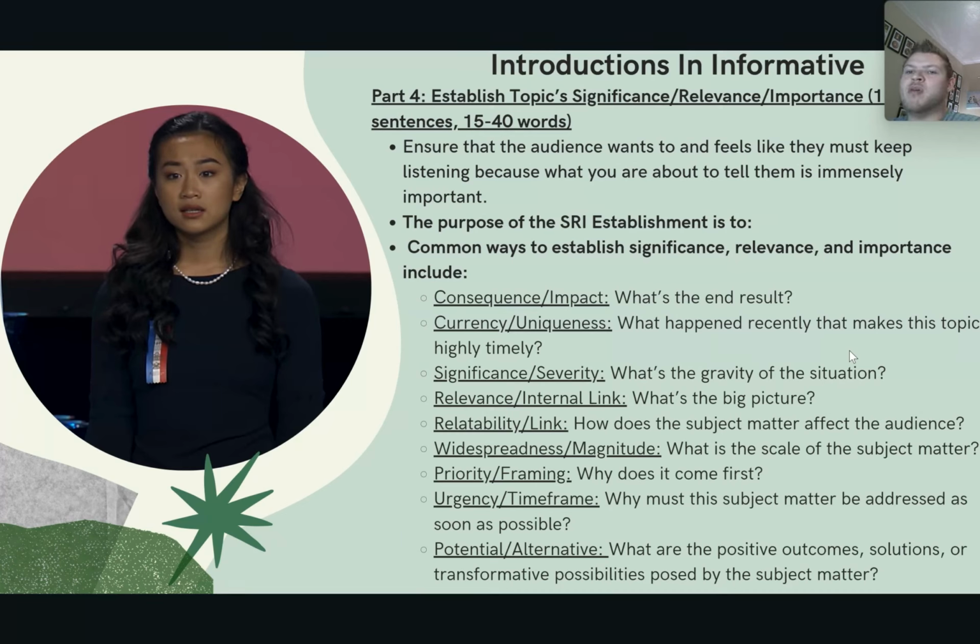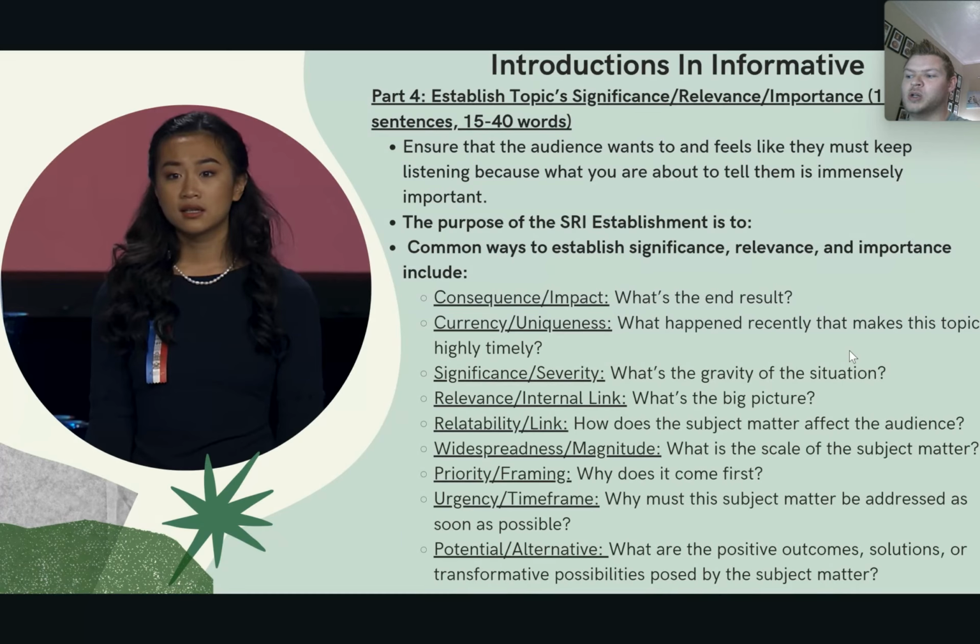So the first and most common is to focus on the consequence or the impact of your topic. What is the effect on people or families, communities or societies, states and countries, or the world? What is the end result? You also want to talk about currency or uniqueness. What happened recently that makes this topic very timely? You can talk about the significance or the severity of your topic.